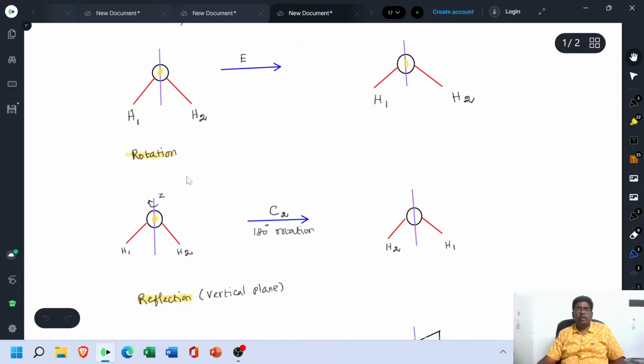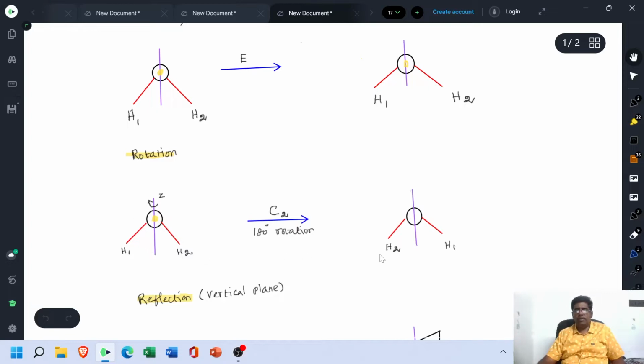Then the second operation is rotation. Here a 180 degree rotation is made through the z-axis. If you perform a 180 degree rotation through the z-axis, the two hydrogen atoms interchange their positions.